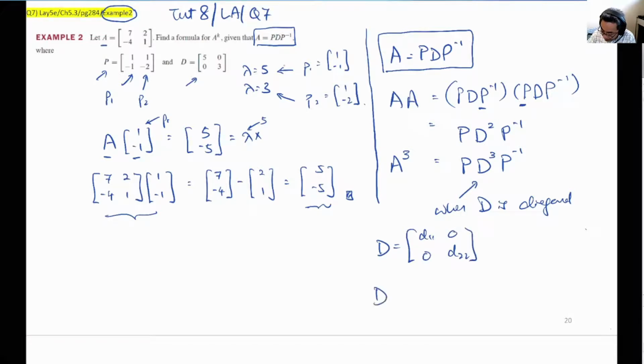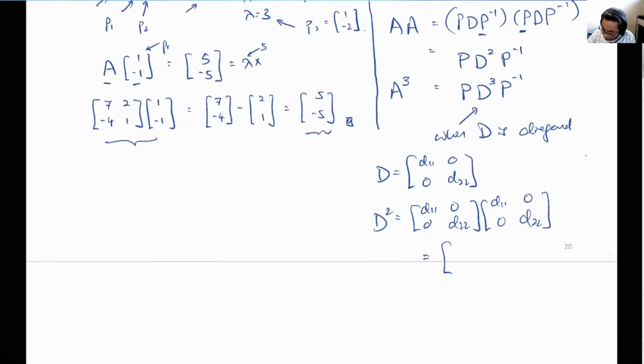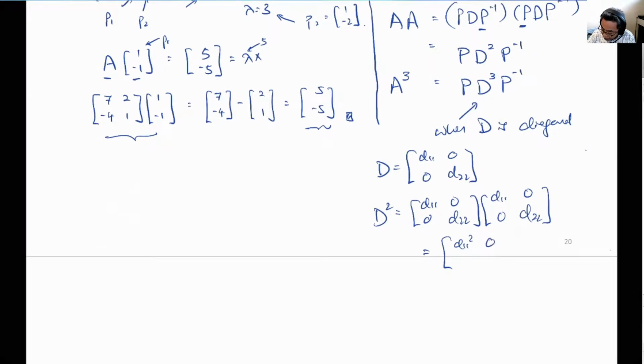So what happens in D² is D11, 0, 0, D22 multiplied by D11, 0, 0, D22. You realize that this is equal to D11², 0, 0, D22². And then you can try Dᵏ, and you can conclude it will be D11ᵏ, 0, 0, D22ᵏ.